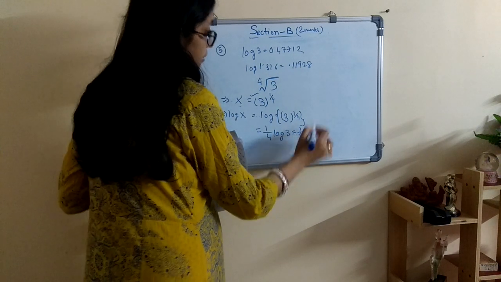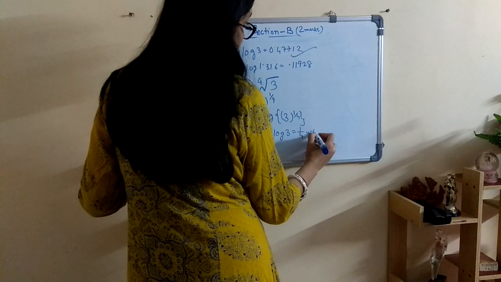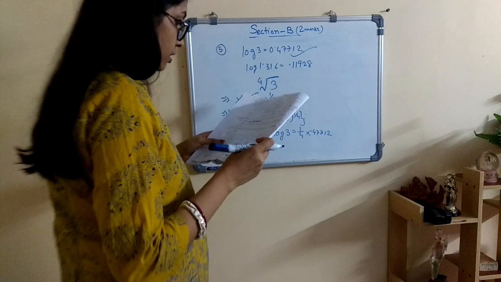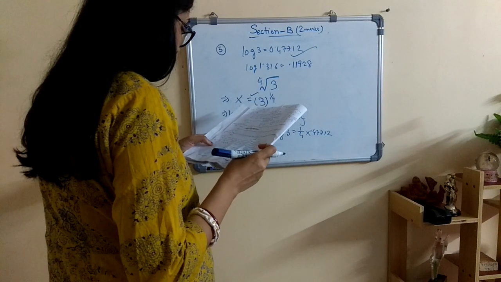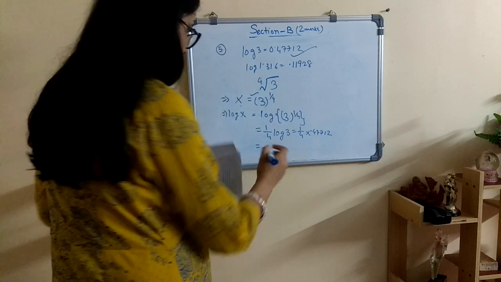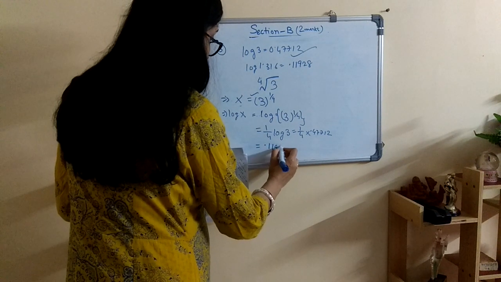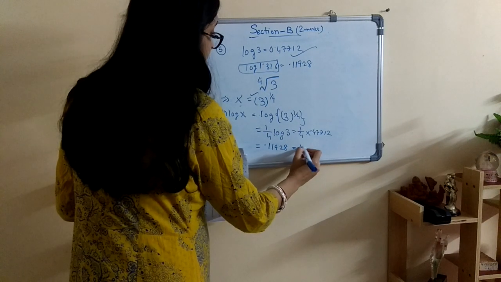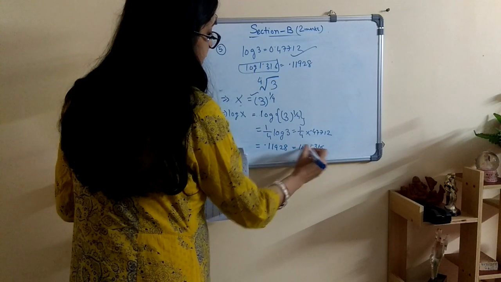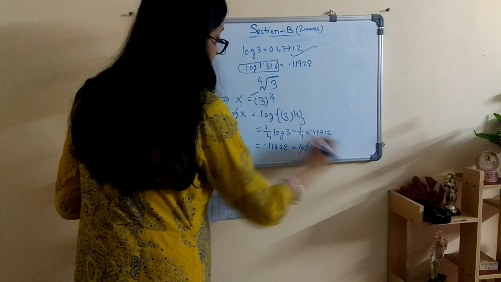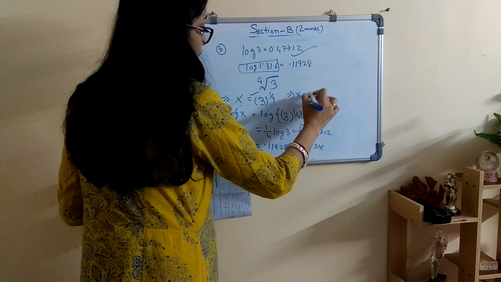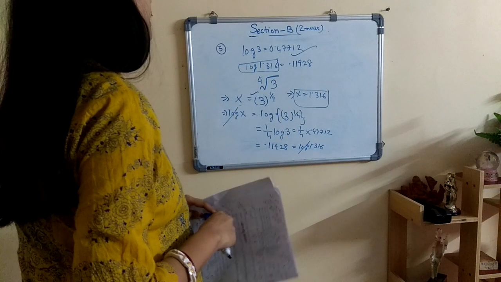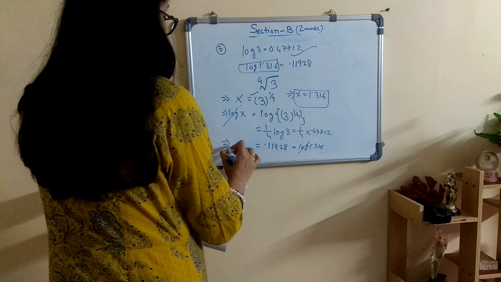Then we can directly put this value. Then we will get the answer as 0.11928, and it is the value for log what? 1.316, and log will cancel out, and the value of x will be 1.316. In this way we have to solve question number 5.